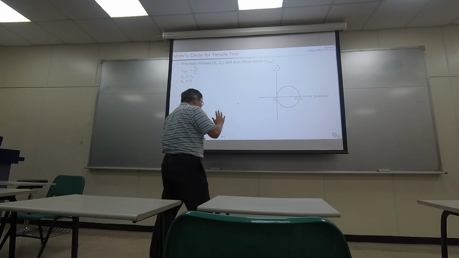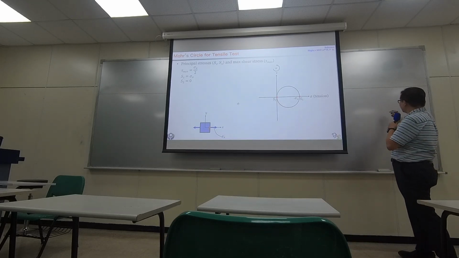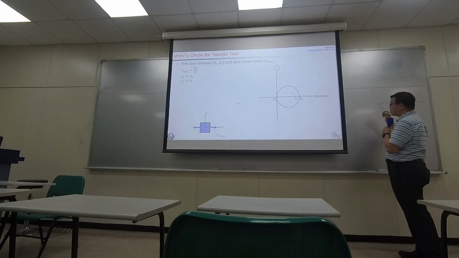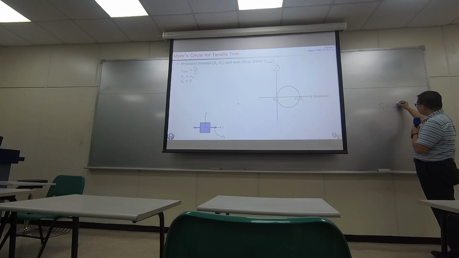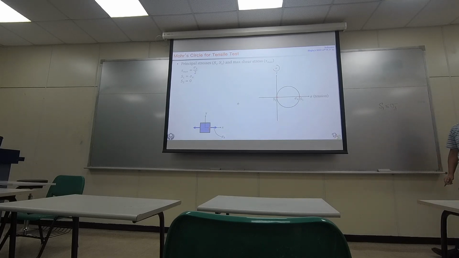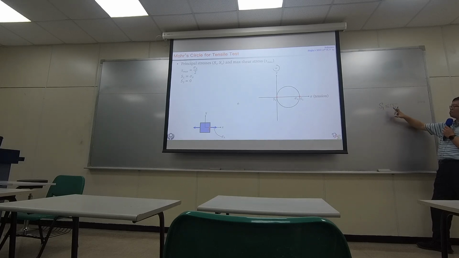Okay, so here's a very simple design concept. Maybe the element can only carry a certain normal stress until the stress reaches the yielding strength, then stop. So the simplest design concept is like this: the first principal stress should be smaller than the yielding strength.